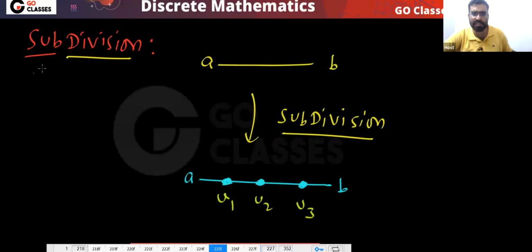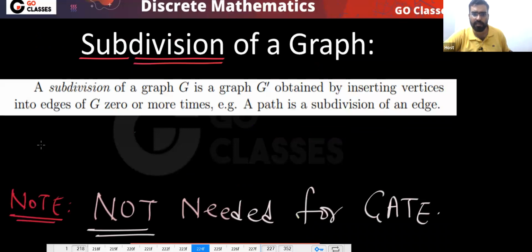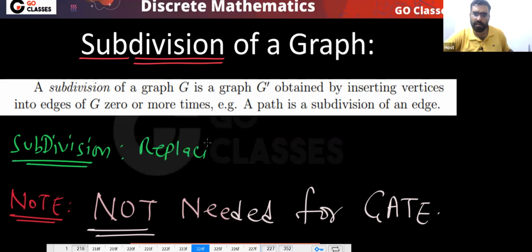Now you can notice, basically subdivision means you are replacing this edge with a path. This is the definition of subdivision. Subdivision means replacing an edge with a path.